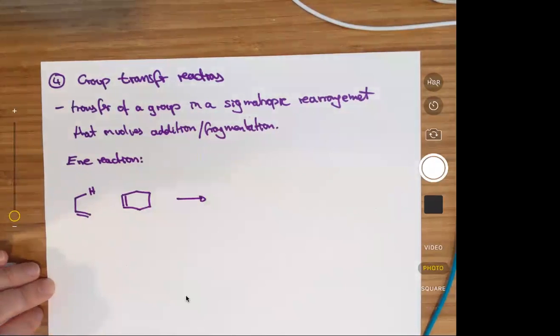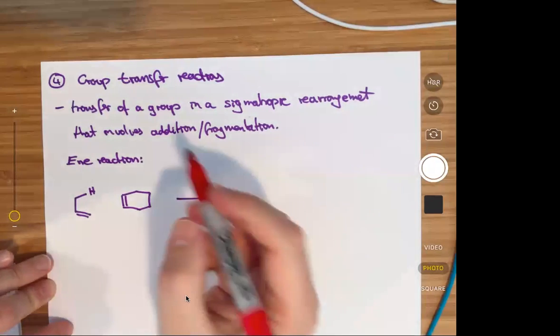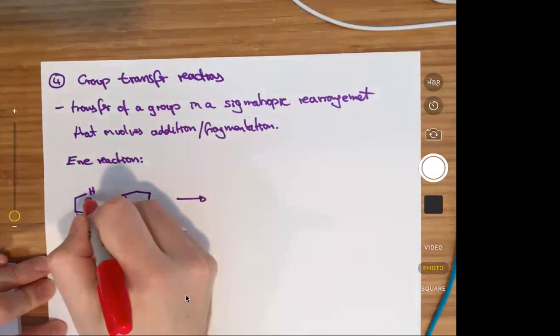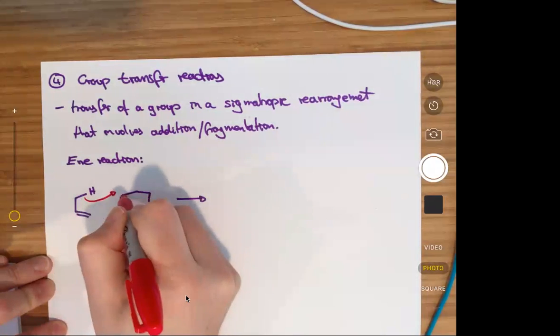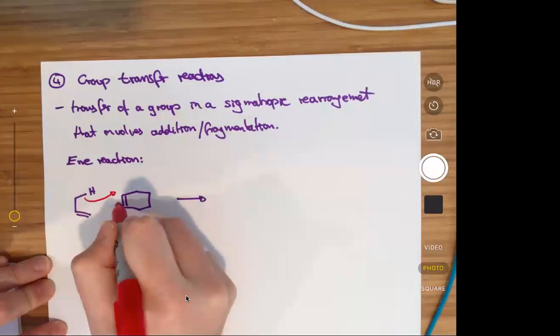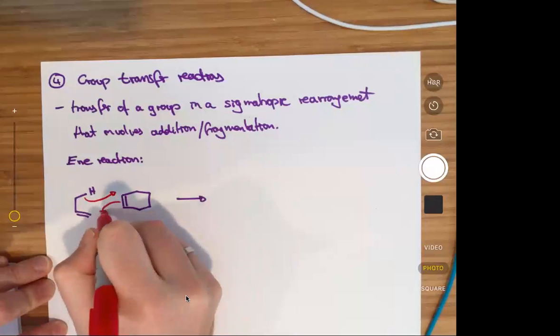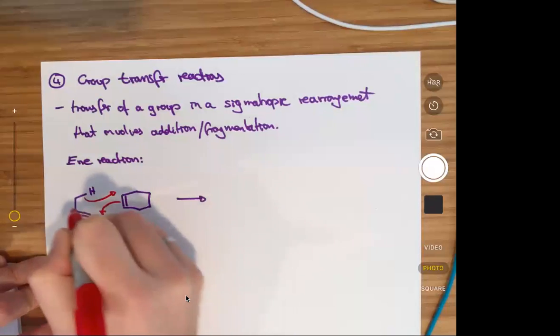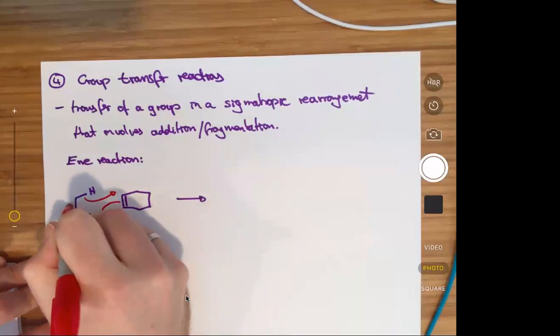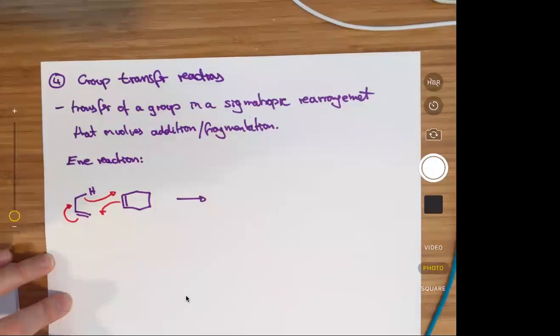So if we take the arrow pushing here, we take the electrons out of this bond and form a new bond here between the carbon atom and the hydrogen. We take these electrons and form a new bond between these ends of the pi system, and we take these electrons out and form a new bond over there.